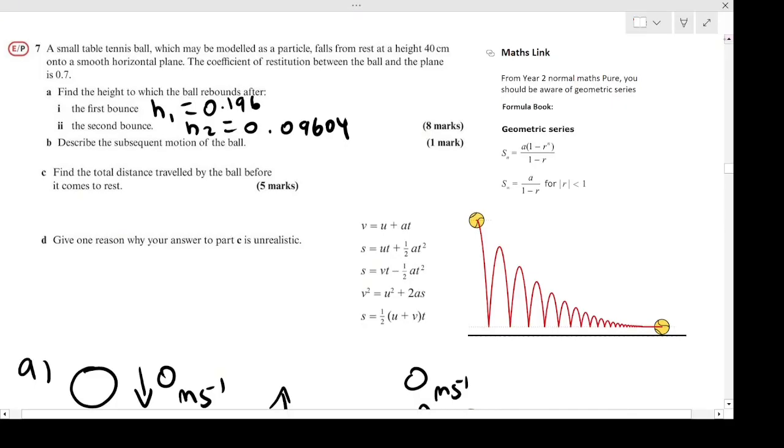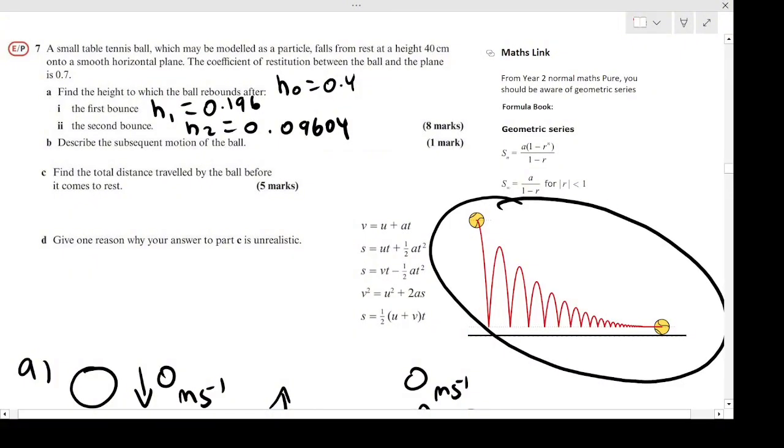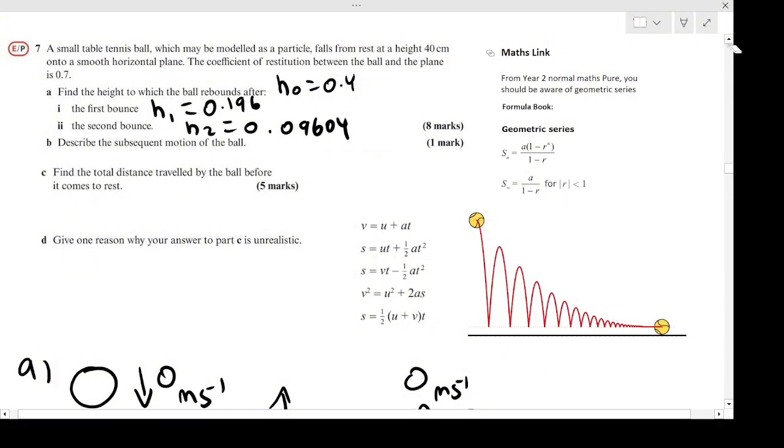If I also state here that the original height h0 was 0.4, hopefully you can see as we keep bouncing the ball, the height it goes up decreases. It starts with 0.4, then 0.196, then 0.096, and it follows this diagram. This is the motion of the ball. You can see as every time it bounces.